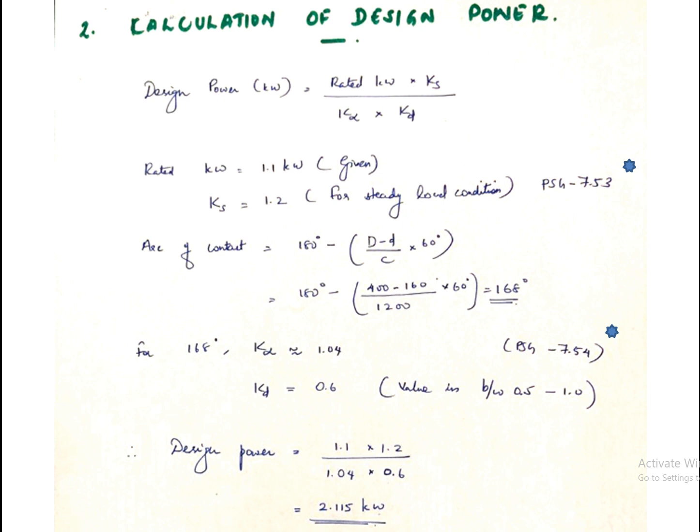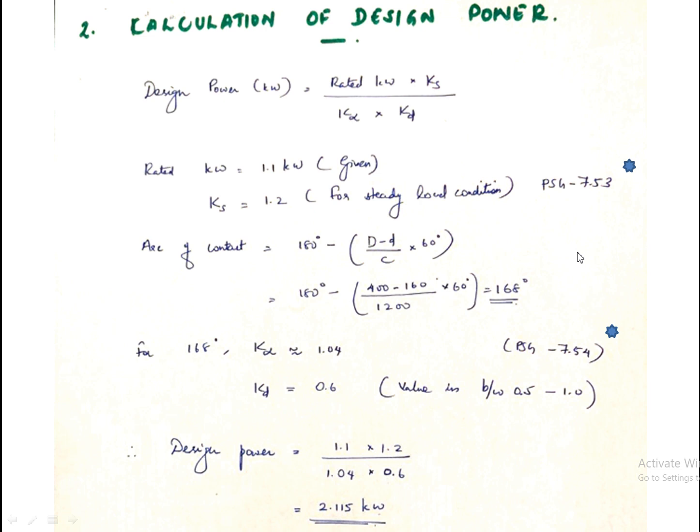And the Kd value, as I said, you may take any value between 0.5 to 1. On substituting those values and solving, you will get the design power as 2.115 kilowatts.